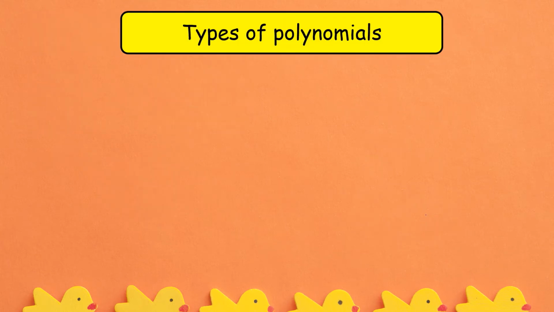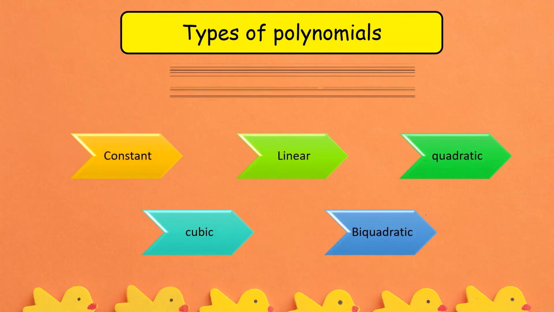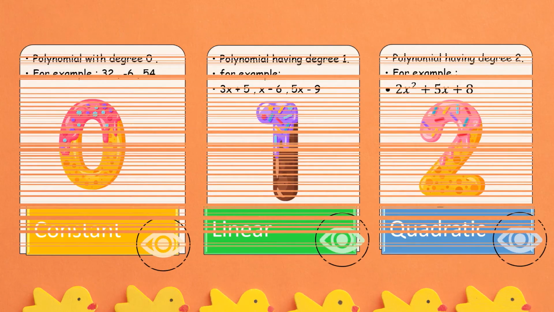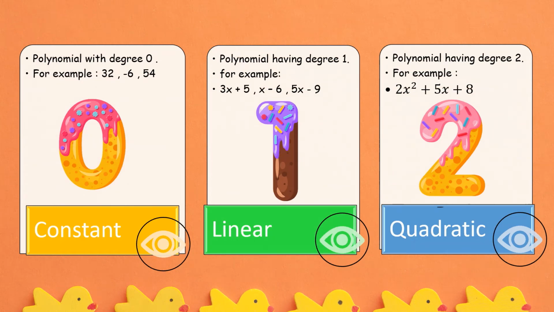Next, there are again types of polynomial based on degree. First one is constant, second is linear, third is quadratic, fourth is cubic, and fifth is biquadratic. Now let us look at it in detail. What do you mean by constant? Constant means 0.